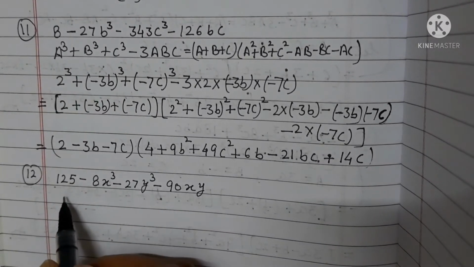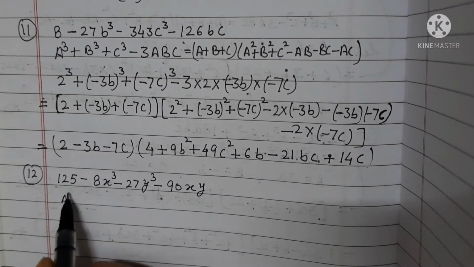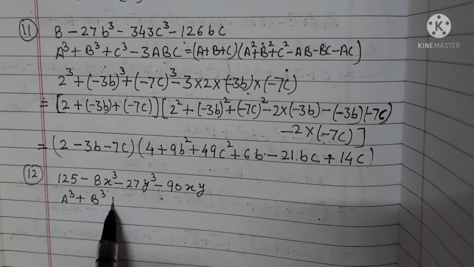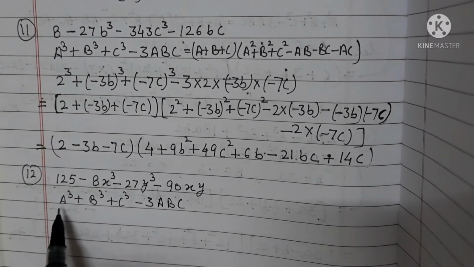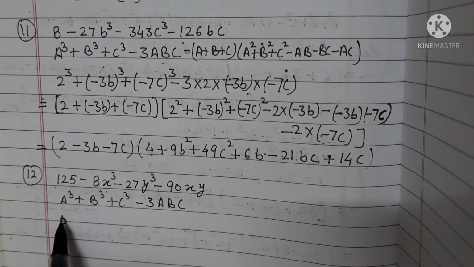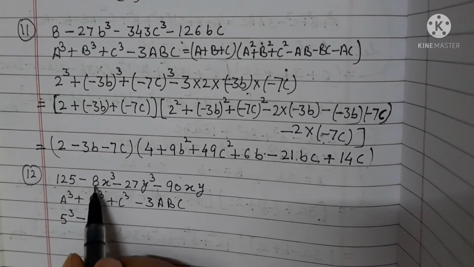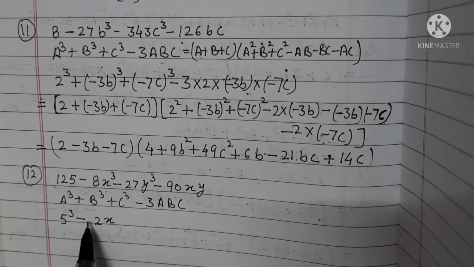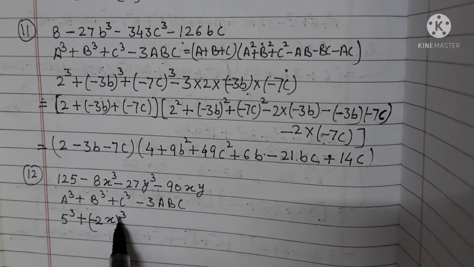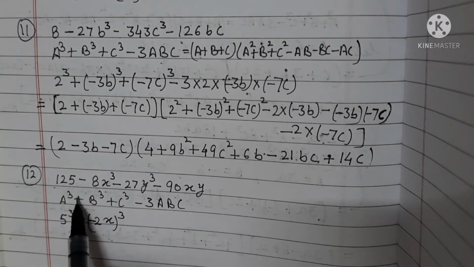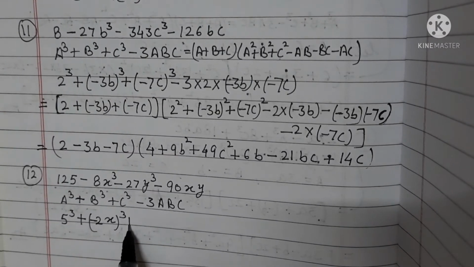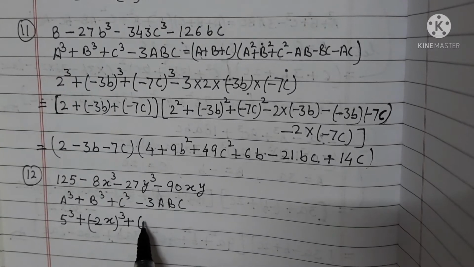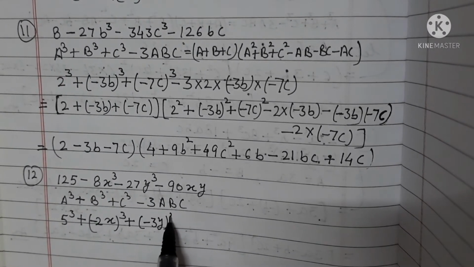Here convert it: 5 cube, minus 2x whole cube, because here b is attached with the sign of plus, plus c cube, so plus c means minus 3y whole cube.